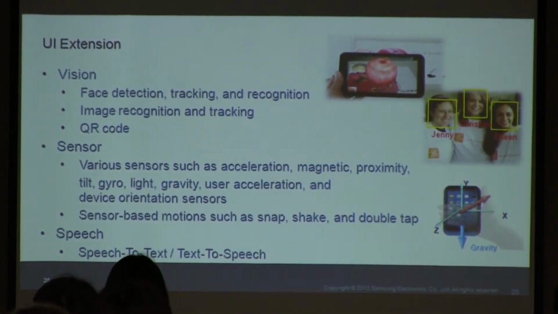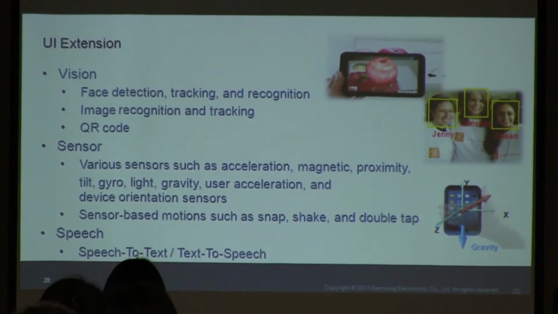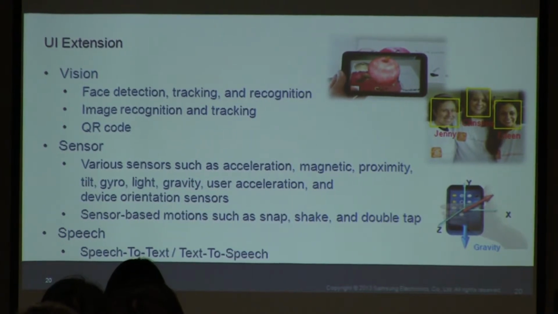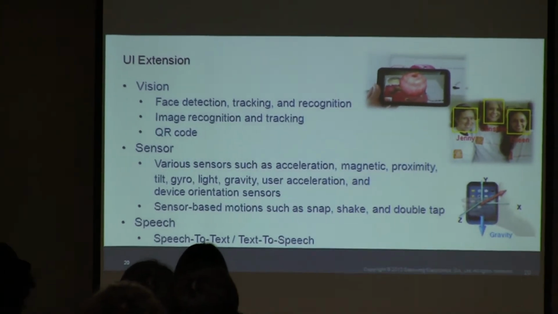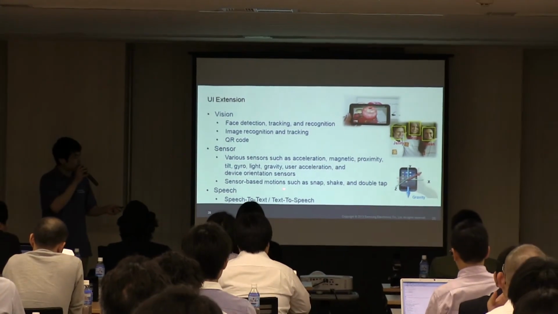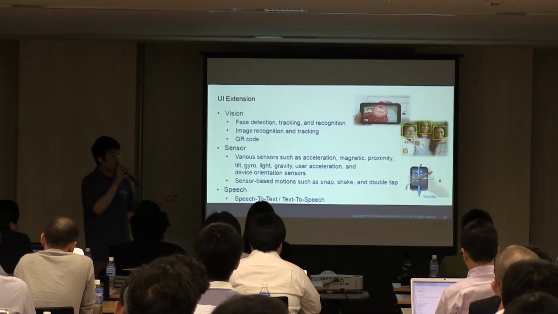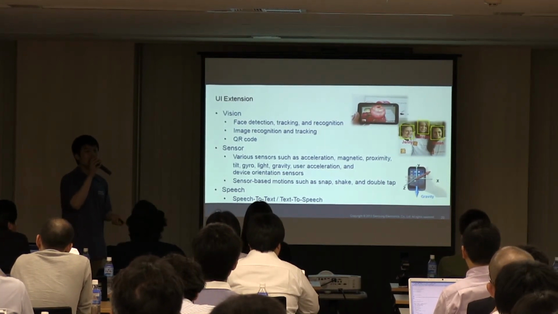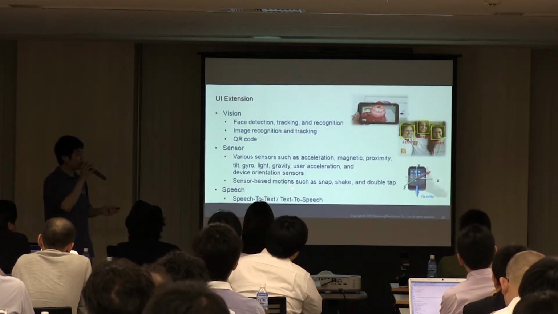So you can imagine a background application getting the sensor data or the location data, and you can use it from your web application when you use the hybrid approach. And sensor-based motions like snap, shaking, and double tap are also provided as an API. So you can catch all the sensor-based motions.